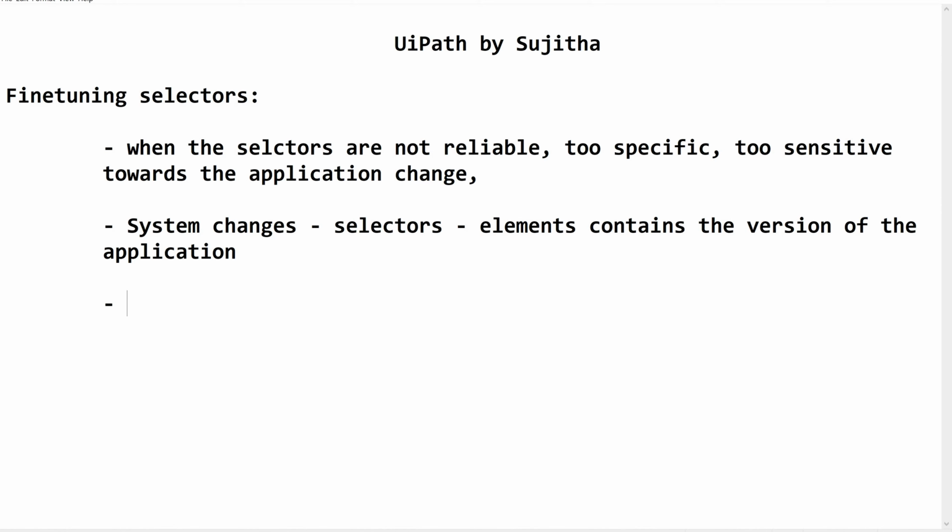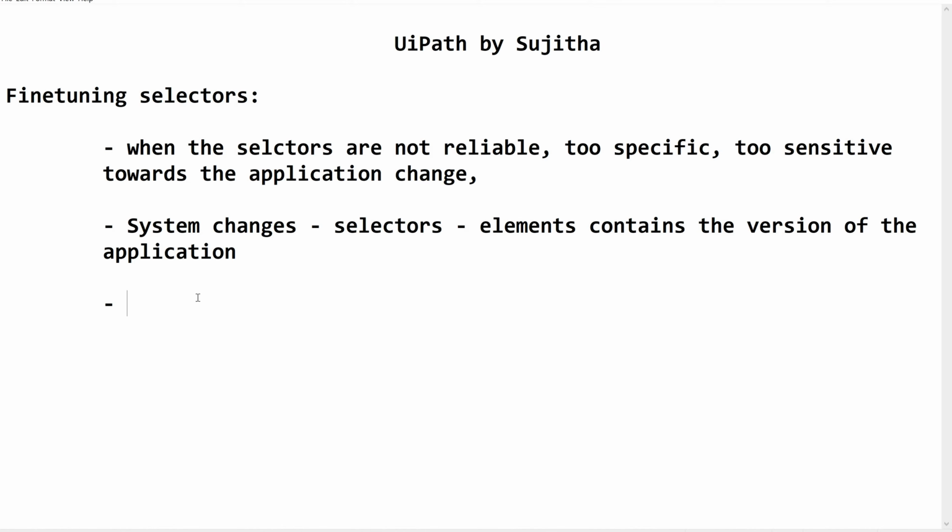And one more thing is dynamic selectors. Dynamically the selector path might be changing, because in a few websites, if you observe, the element positions keep on changing. There won't be any constant position of the elements. Say for example, our rpachallenge.com, all the fields will get changed whenever we refresh the website, right?